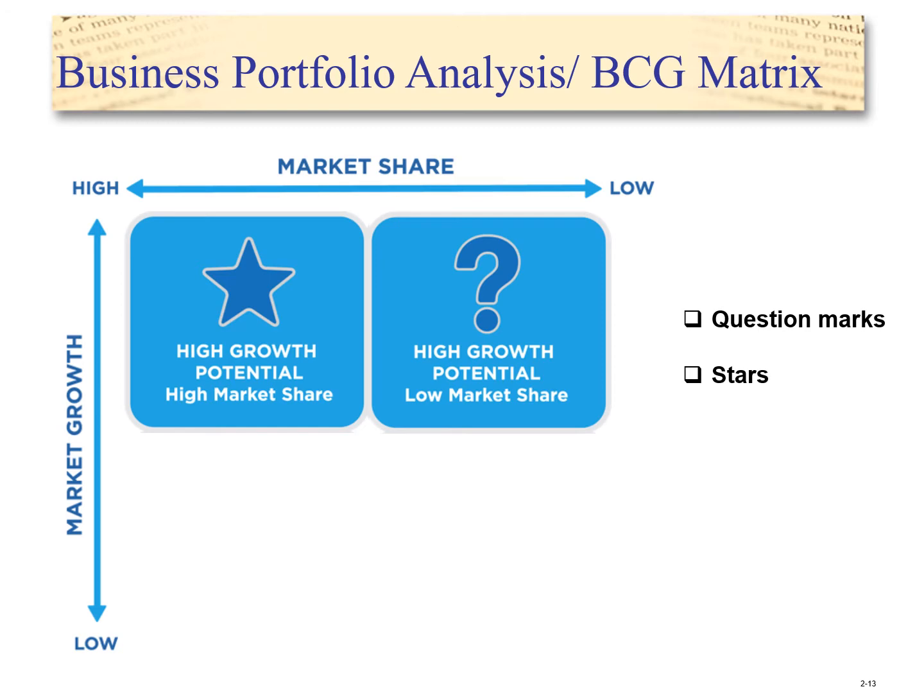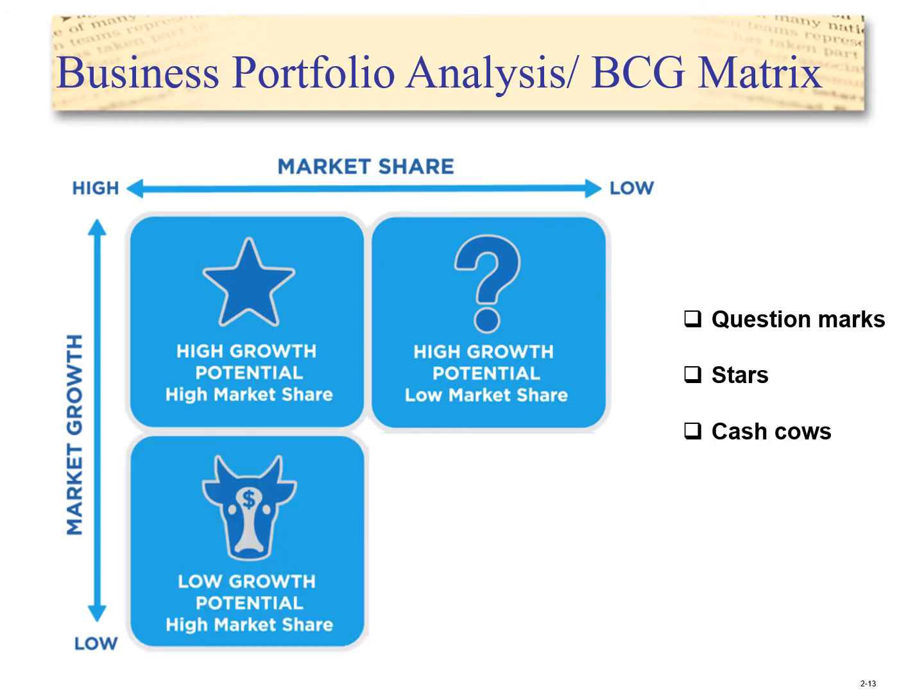High growth potential with high market share, so stars of your organization. Next is the cash cows. Cash cows are the ones that have high market share, but are in the low market growth quadrant.